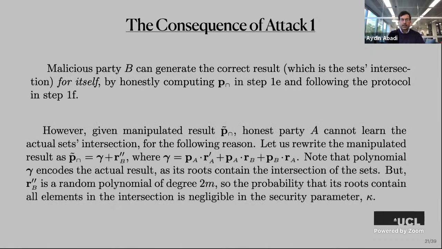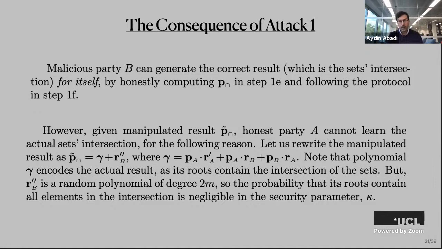So you may ask why the honest party cannot see the results. Usually, when we have a well-structured polynomial that has certain roots, then if we add it with a random polynomial, the result usually does not contain the roots of this valid polynomial with a high probability.